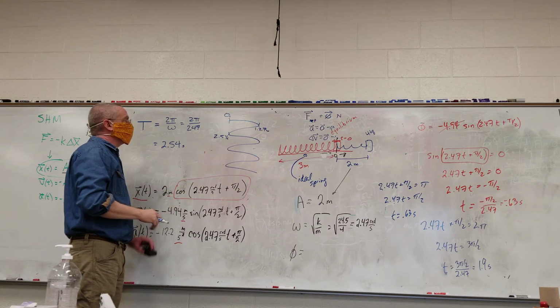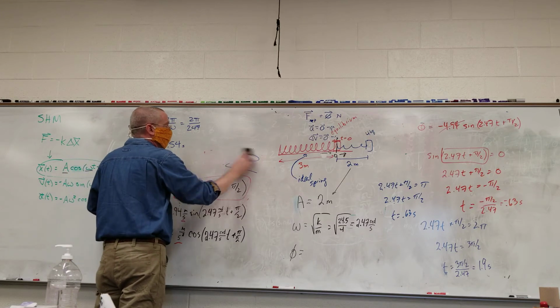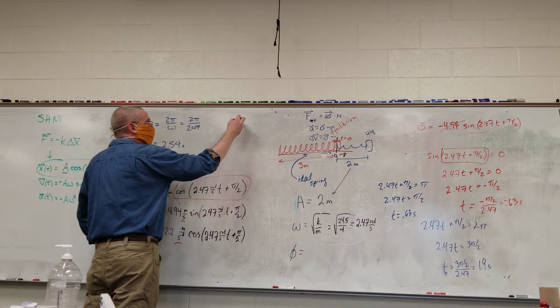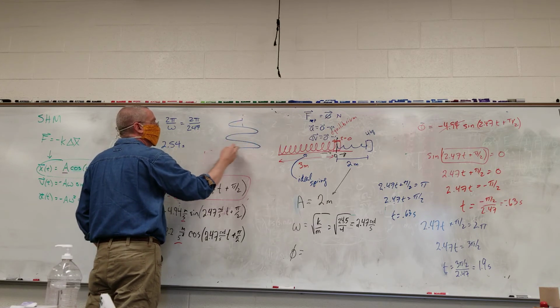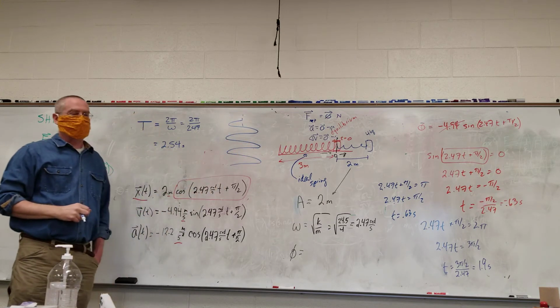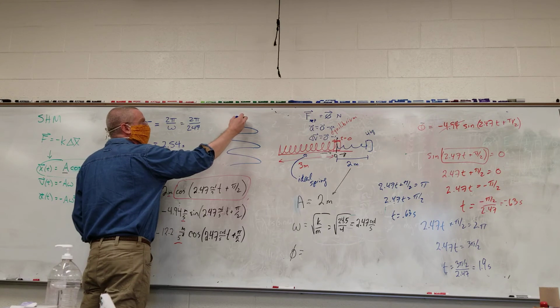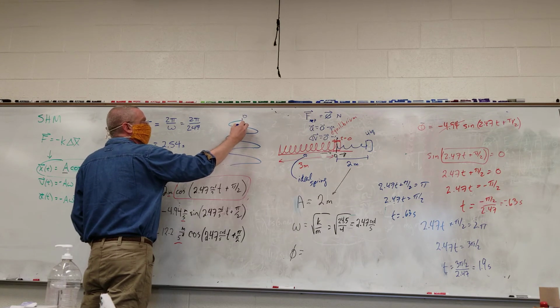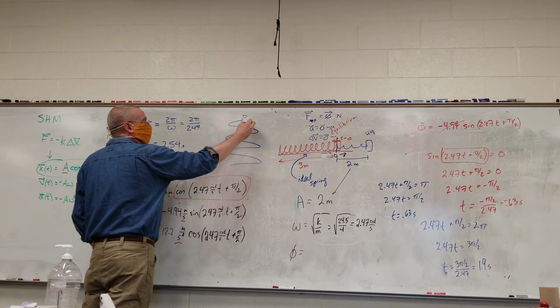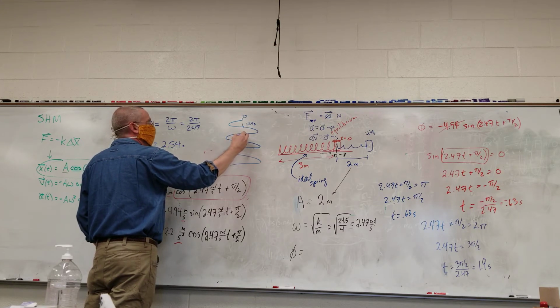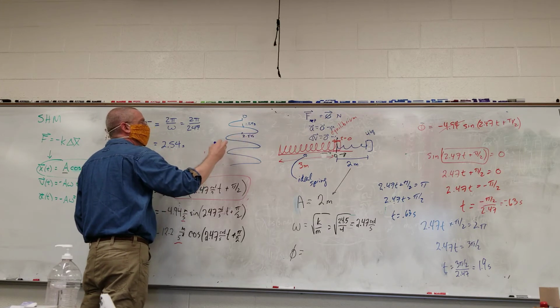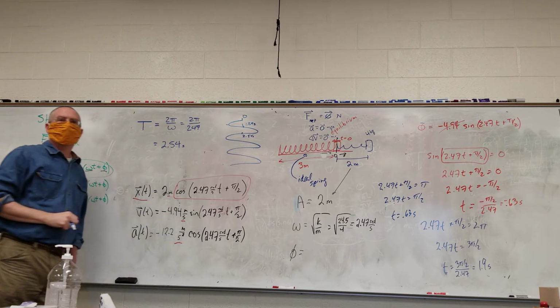Actually, I want to do this slightly differently, because we started this in the middle. So that's the basic gist right there. This point right here is 0. It gets to the halfway point at 1.27 seconds, and it gets back to where it started at 2.54 seconds. How much time would it take to get to here?